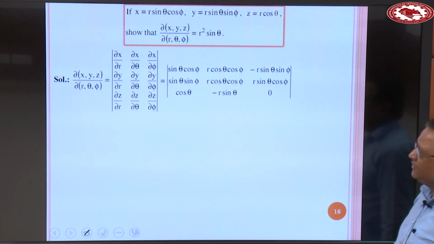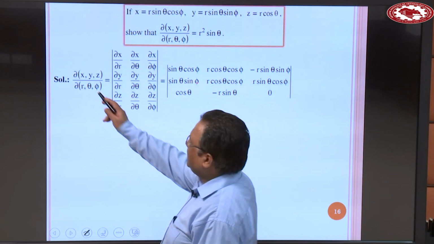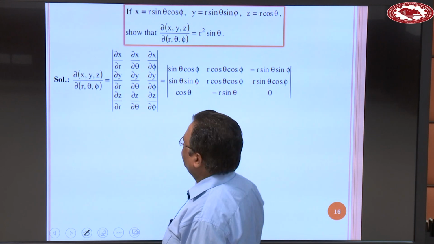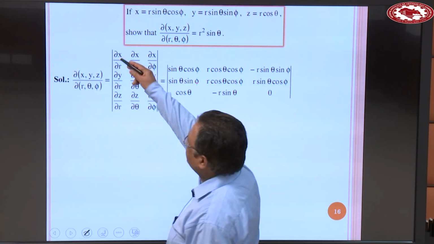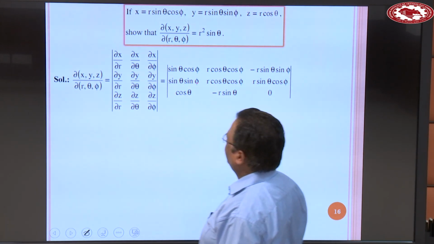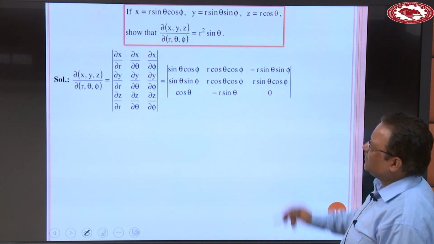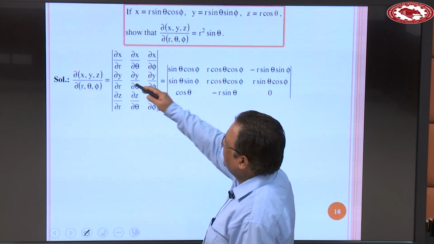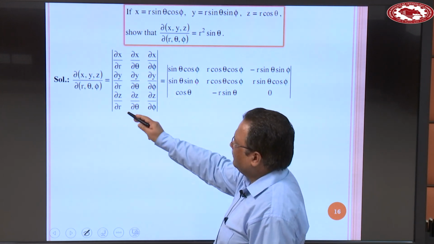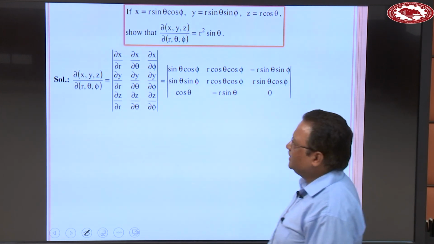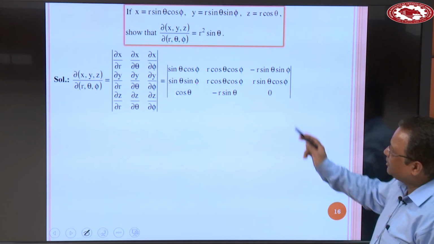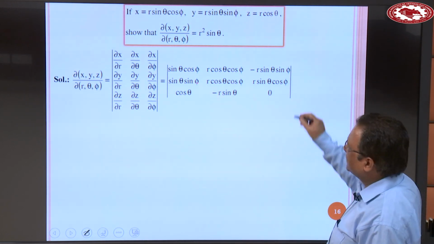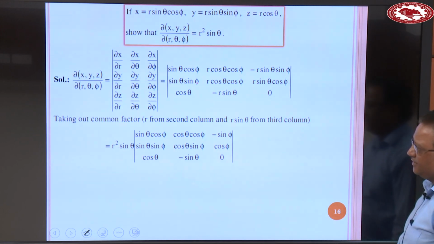Now see how we can evaluate it. ∂(x,y,z)/∂(r,theta,phi) is equal to this determinant of order 3 by 3. Substitute all these values of ∂x/∂r, ∂x/∂theta, ∂x/∂phi, up to ∂z/∂r, ∂z/∂theta, ∂z/∂phi. When you substitute all these values, we get this determinant of order 3 by 3.